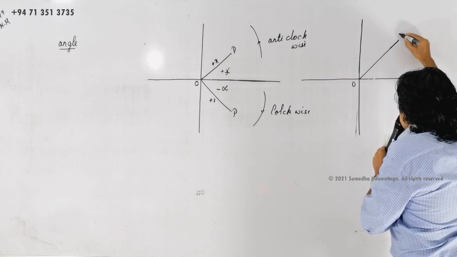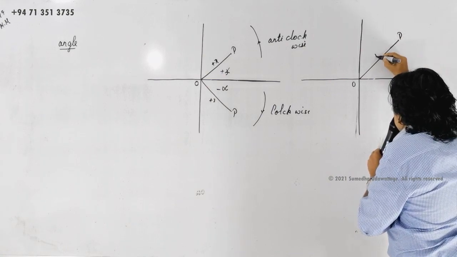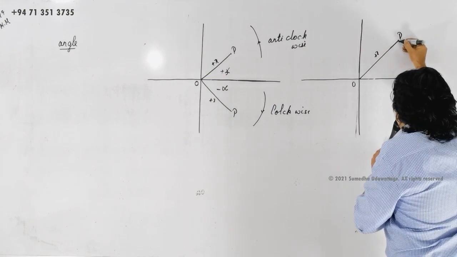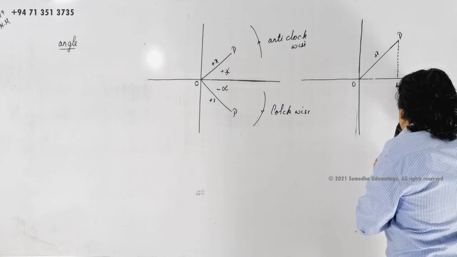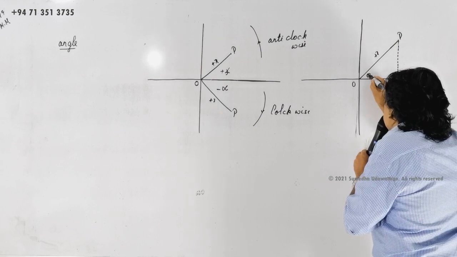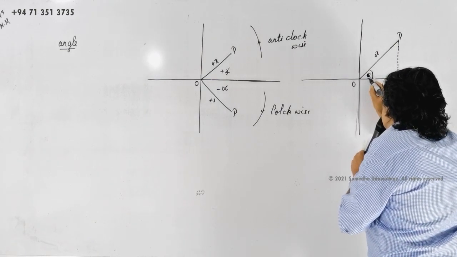The line segment OP is of length plus R. From P we draw a perpendicular to the horizontal line, let it be M, and let this angle be theta. Mark it.